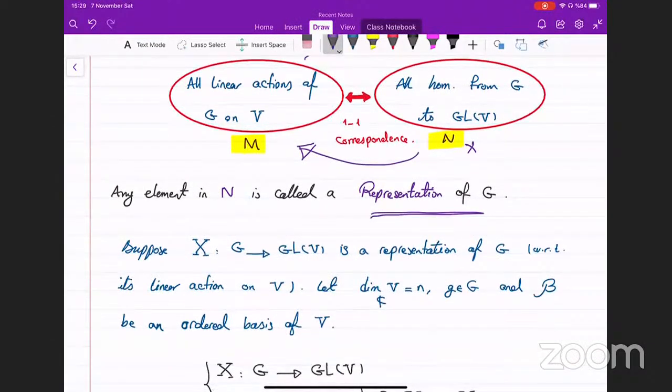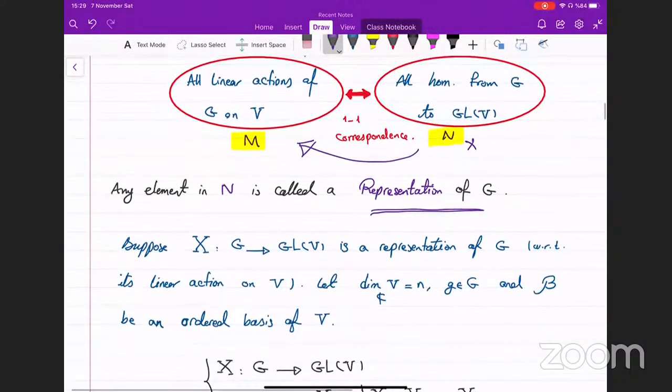You can consider it as a homomorphism from G to GL of V, where V is a vector space. And this homomorphism gives you one linear action of G on V because of this correspondence.